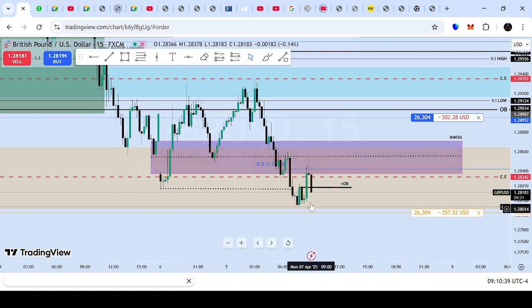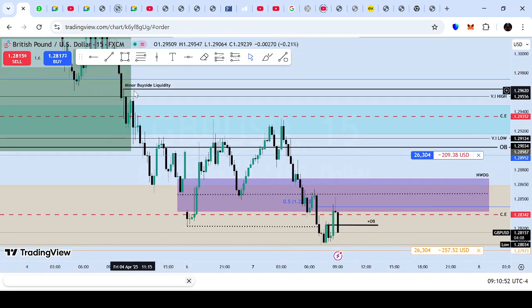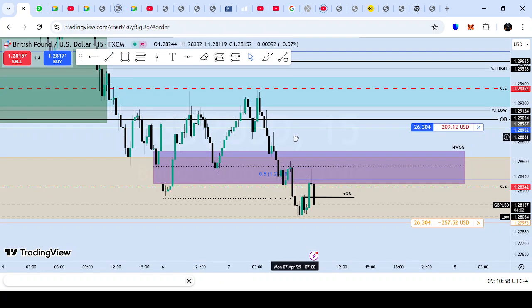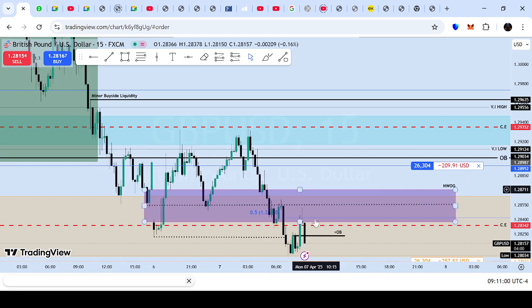So guys, they would like to see this fair value gap act as a support level, then push price to take this buy side, having a consolidation, the manipulation, anticipating the distribution phase.